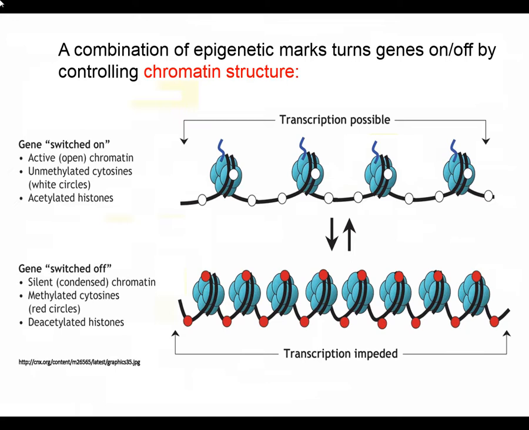Now down at the bottom, you see a combination of methylation on the DNA and no acetylation on the histones. And so that combination winds up the DNA tighter and blocks it, and transcription is blocked in this region. So that's how the combination of these attachments turns genes on or off.